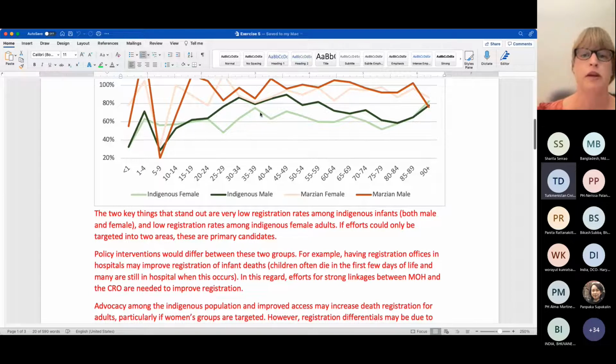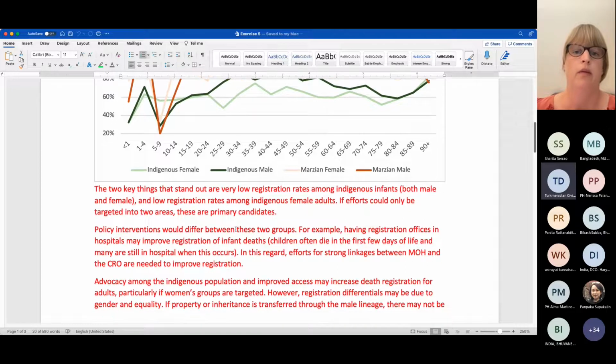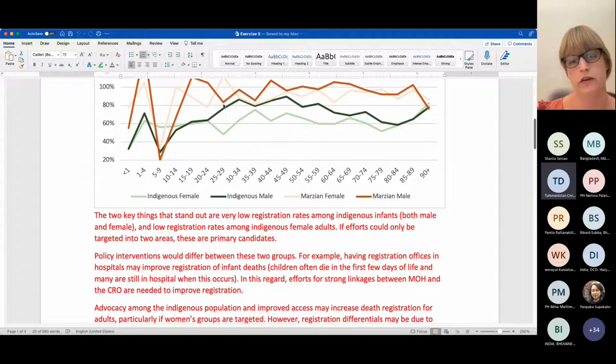Versus Indigenous women, they may or may not be in a health facility. They might die at home, perhaps road traffic accident deaths, or those kinds of things out in the community. So capturing them might be a little more challenging if they are not in the facility. It looks like there is a sex differential, so gender is playing into this, and also ethnicity is playing into this.